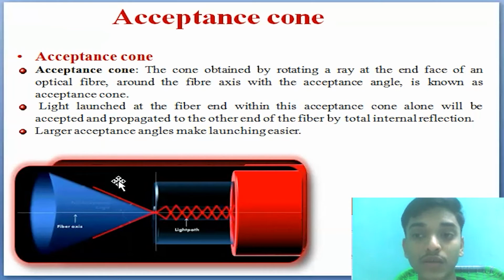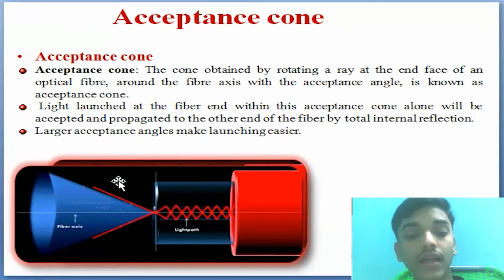So what is the use of this optical acceptance cone? If we propagate a light, it's becoming an acceptance cone, right?